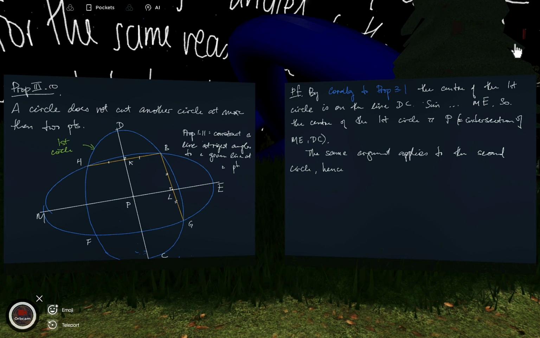Hence, they have the same center. Okay, so by corollary, this contradicts proposition 3.5, which says that if two circles touch or cut each other, they cannot have the same center.